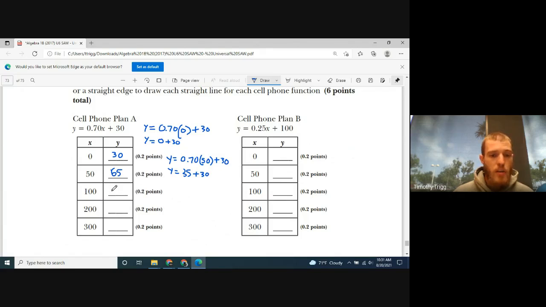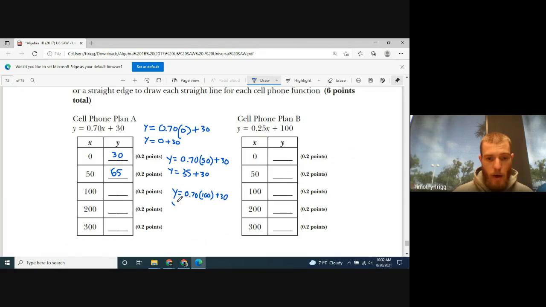Okay. Let's do the same with 100, again replacing X with 100. So this would be Y equals 0.70 times 100 plus 30.